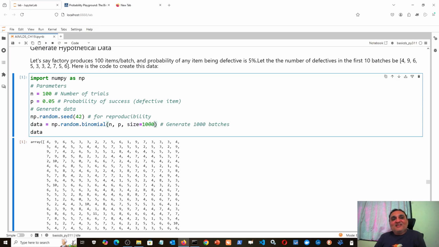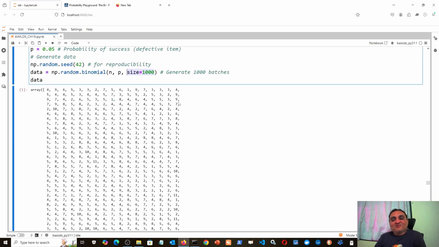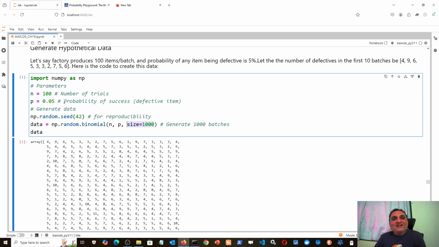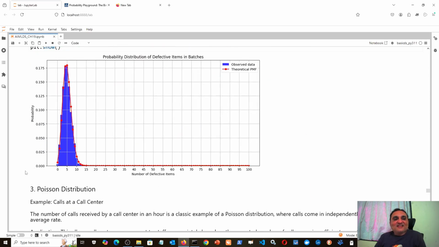Obviously it cannot examine all 1,000 batches, so it will examine some representative sample from those batches, maybe the first batch, 11th batch, 17th batch, 23rd batch, and so on, and it will find the number of defective pieces. It will get this kind of data which we created synthetically, then plot the graph and find the mean. So that gives that on an average, per batch of 100 keyboards, 5 keyboards are found to be defective.